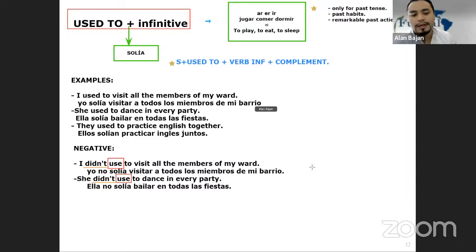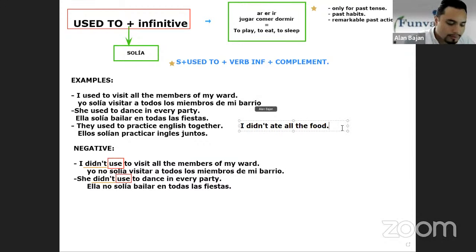This is basically a sentence in simple past. You remember that in simple past, we don't say I didn't ate all the food. We don't use the verb in past. We say, I didn't eat all the food. Right? So it's the same with this. Because I have the auxiliary, I change the use without D.